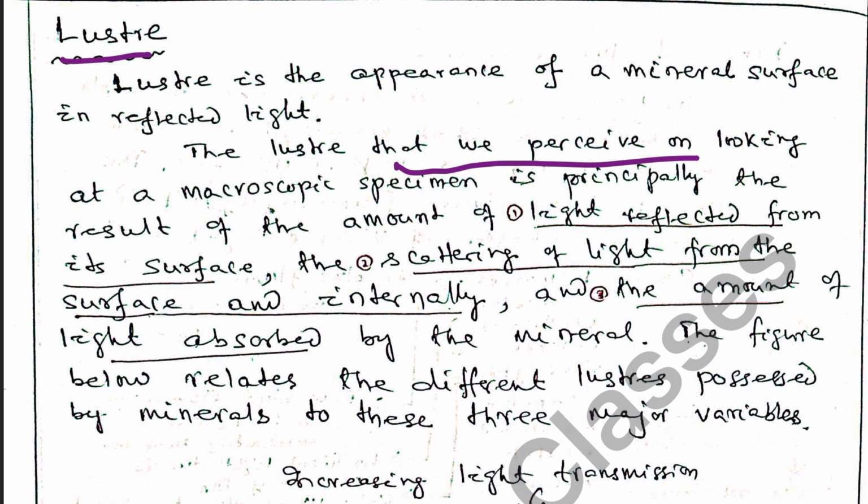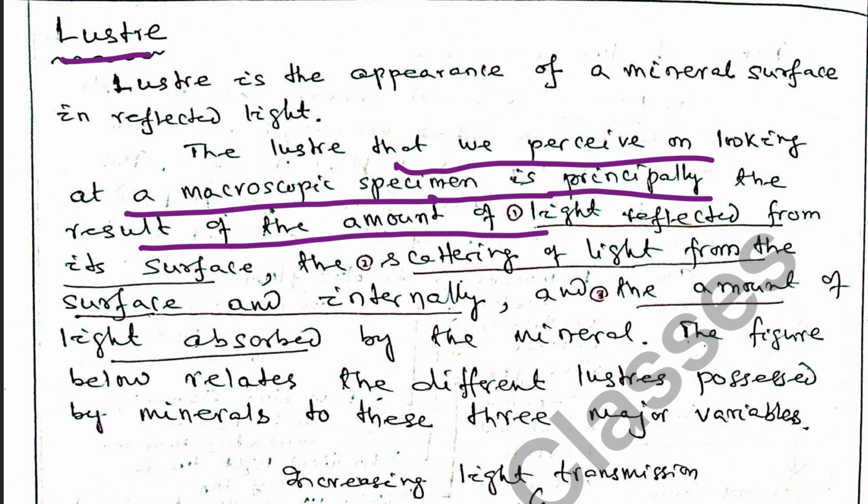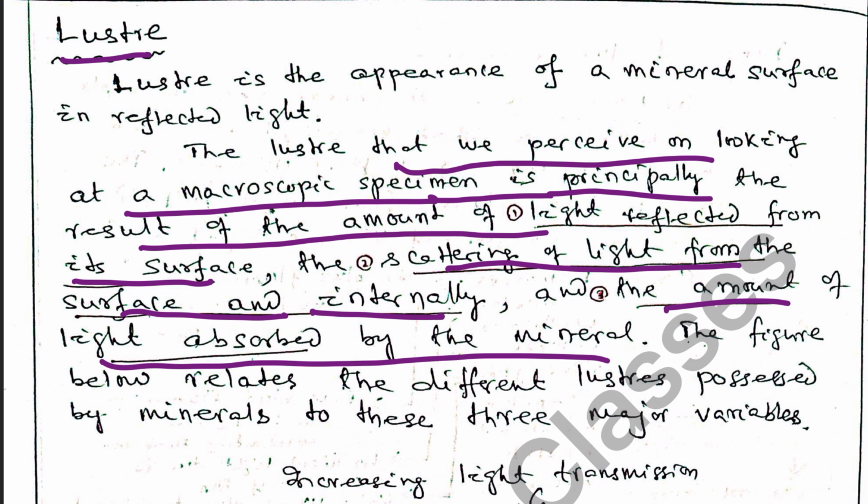The luster that we perceive on looking at a macroscopic specimen is principally the result of the amount of light reflected from the surface of the mineral, the scattering of light from the surface, which also takes place internally, and the amount of light absorbed by the mineral. These factors control how much will be the reflection and how much will be the scattering of light, on the basis of which different terms are used to describe luster.